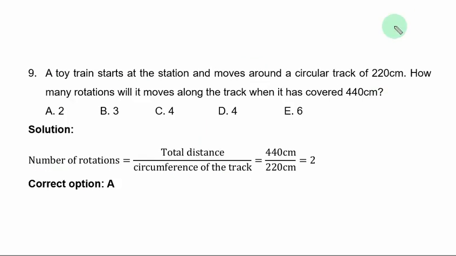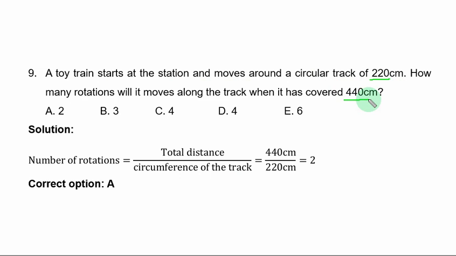Question 9. A toy train starts at the station and moves round a circular track of 220 cm. How many rotations will it move along the track when it has covered 440 cm?